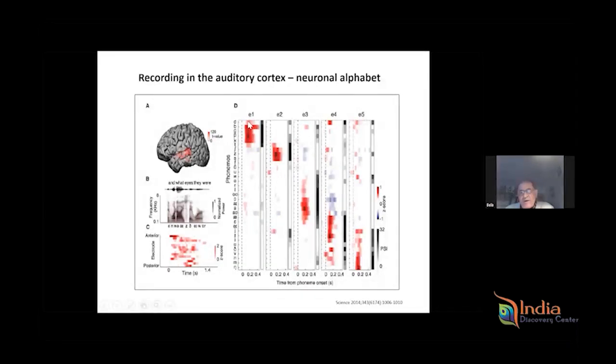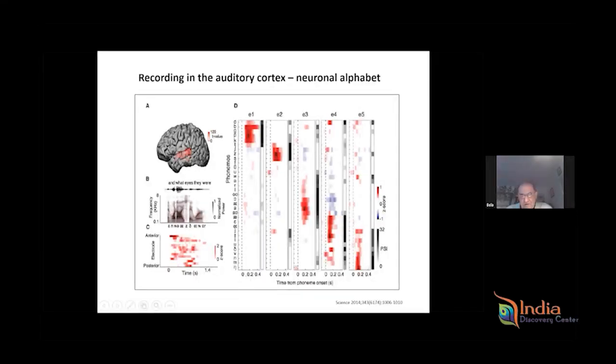They compared five different electrodes, and they showed the activation interval or duration at the different electrodes.